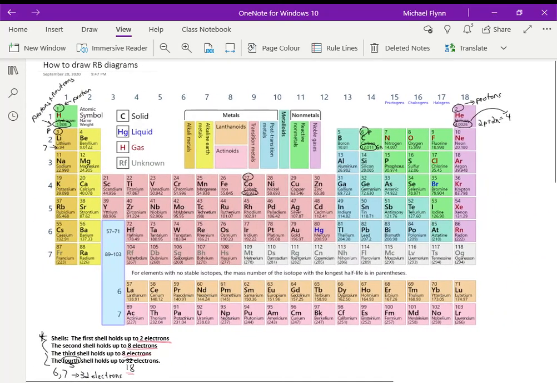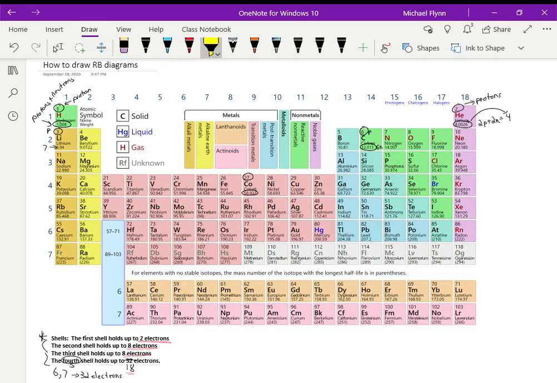All right, how many elements are in the first period, the first row? The answer is 2, hydrogen and helium. So you're going to get a periodic table when you're drawing these things every time. So how many electrons go in the first shell?